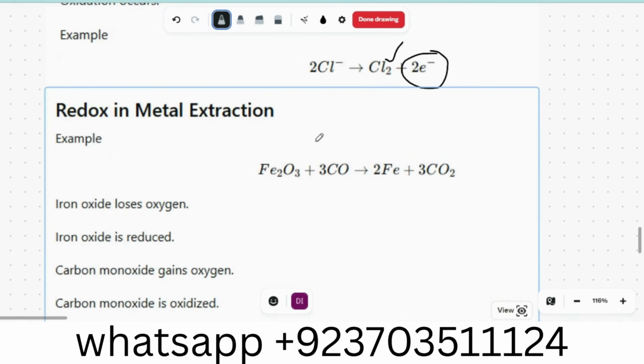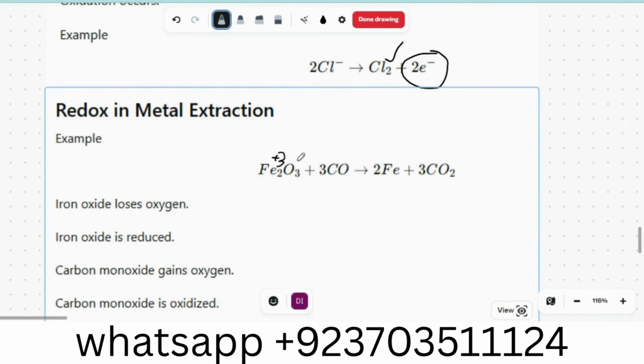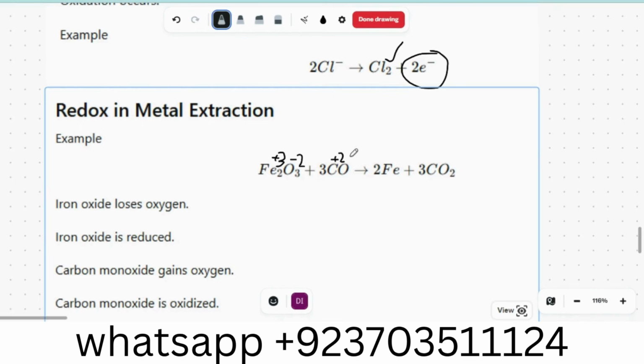Redox in metal extraction. So here what is happening? Iron has plus 3 charge, oxygen has minus 2 charge, carbon has plus 2 charge, oxygen has minus 2 charge. Here iron is alone, so it has 0 charge. Here carbon has plus 4 charge because it has 2 oxygens.